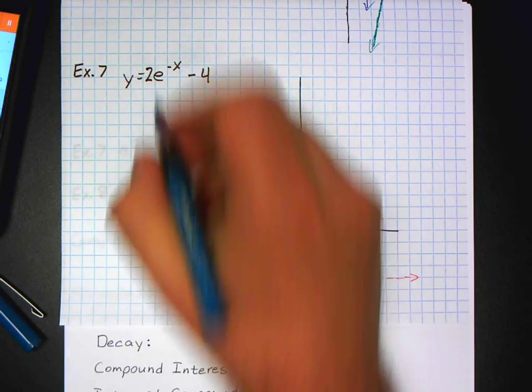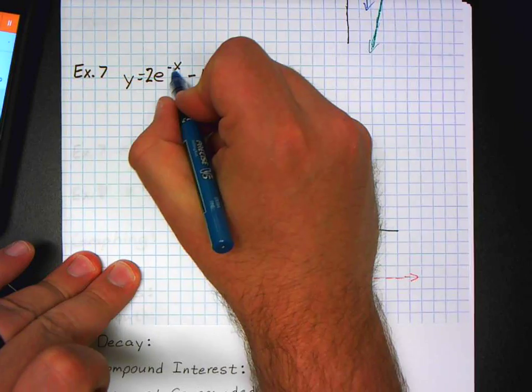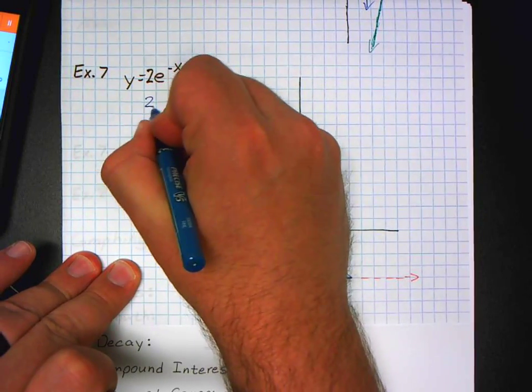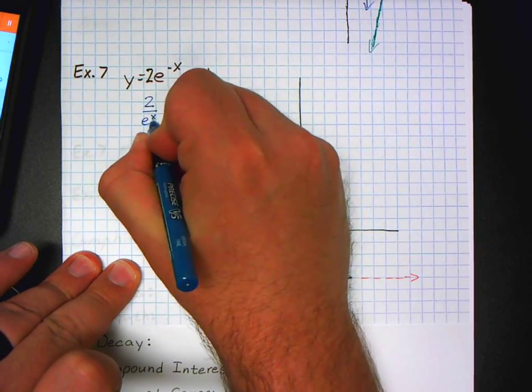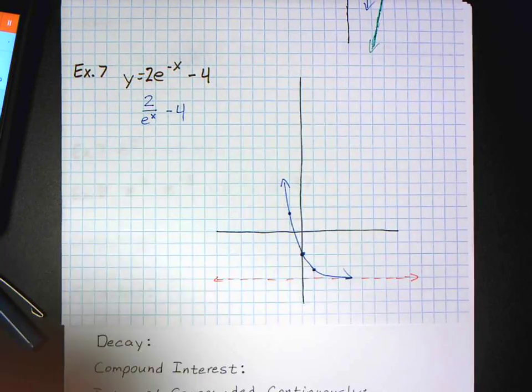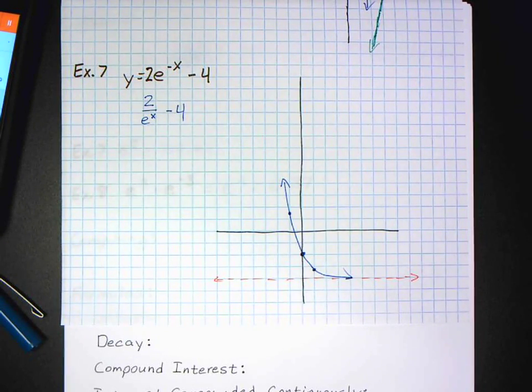So you could rewrite it, since this applies to this, that would change that to the bottom. I feel like that's a pain in the butt too. It's easier to put in the negative power to the e, and then take that answer times 2. And that's it.